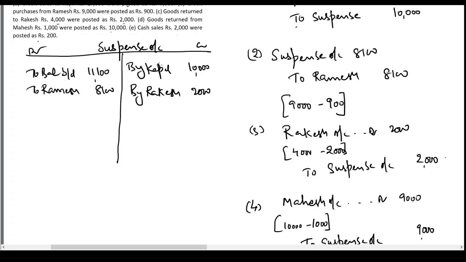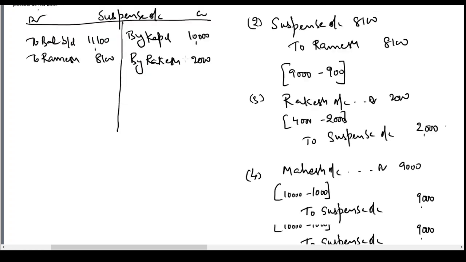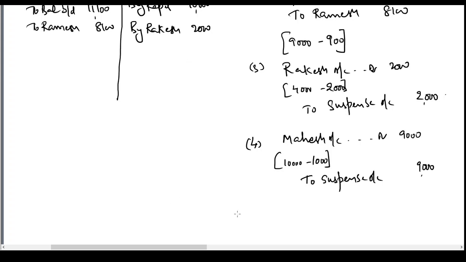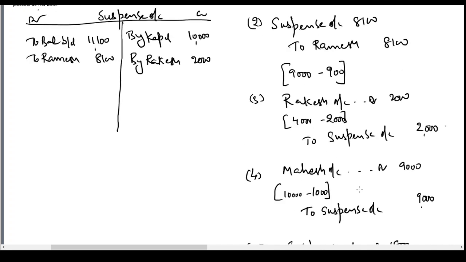So now we have to credit the sales account with the remaining amount. So sales account is credited with 1,800 and I'll give debit to suspense. There was no error in cash, that is why I cannot debit cash. I'll debit suspense account. Now suspense account will be debited. I'll post this entry as well there.